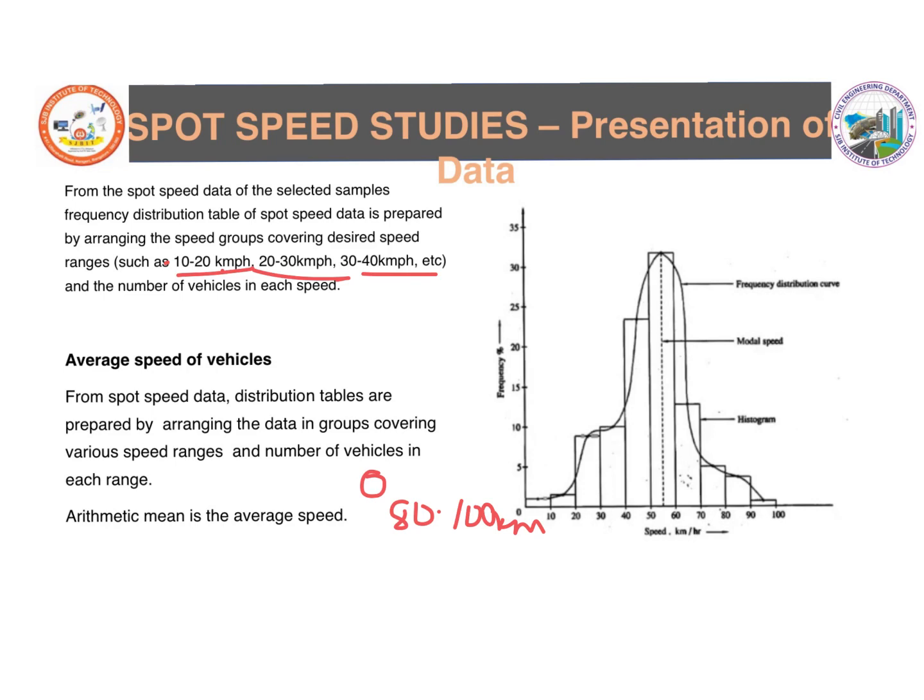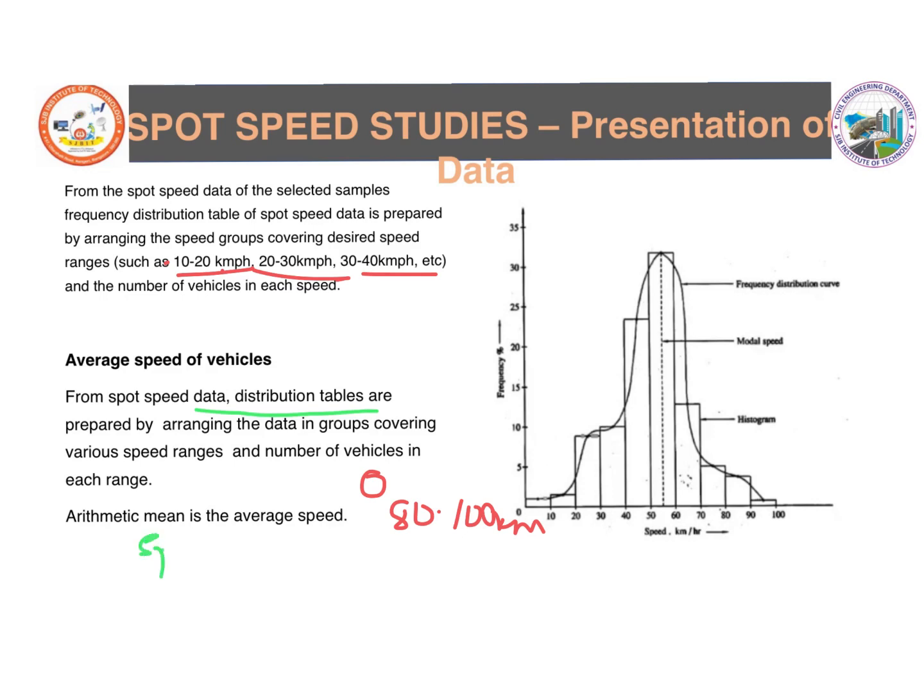Once you have noted that down, it has to be plotted into a graph. So how do you plot the graph? The distribution of the average speed of the vehicles is called a frequency distribution table. The data you collected, you first put into this frequency distribution table. What is the frequency distribution table?